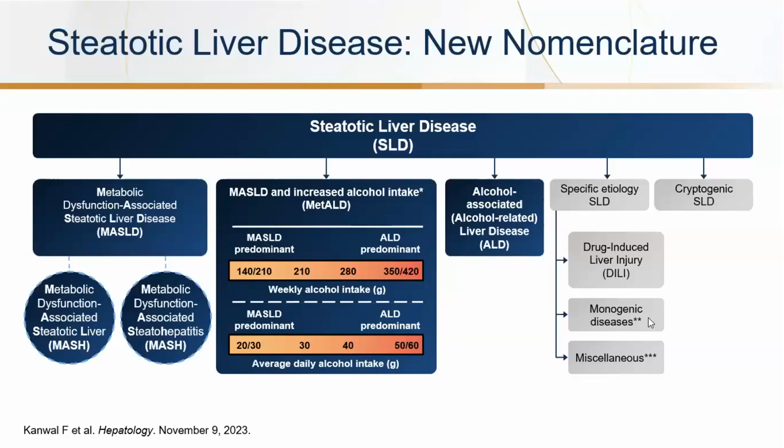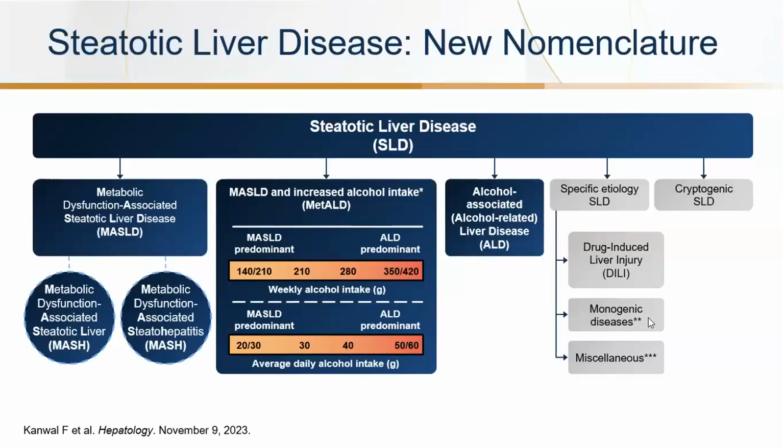And it further breaks it down into, are they more predominant on the MASLD side or more predominant on the alcoholic liver disease side? It incorporates your weekly alcohol intake versus your daily intake. Some people may not drink every day, but their alcohol use is increased on the weekend. So it's nice to have that differentiation there.